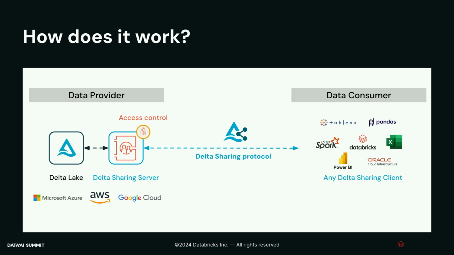And if it passes the authorization checks, then it will generate and return short-lived tokens back to the consumer, which directly reference the files in the cloud object storage. So that way, the consumer can securely and directly read the data from that cloud object storage.